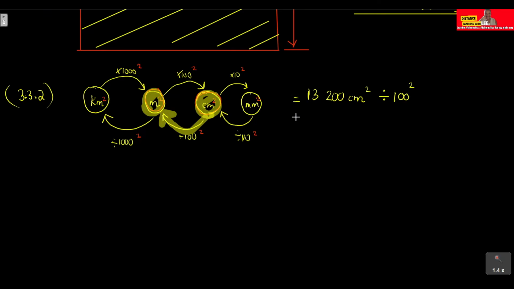If you do that, we'll be converting your centimeters squared. So if you punch 13,200 divided by 100 squared into your calculator, you'll get that the area in meters squared is equal to 1.32 meters squared.